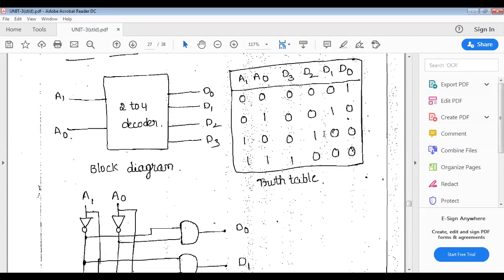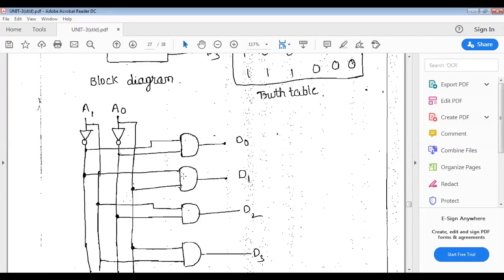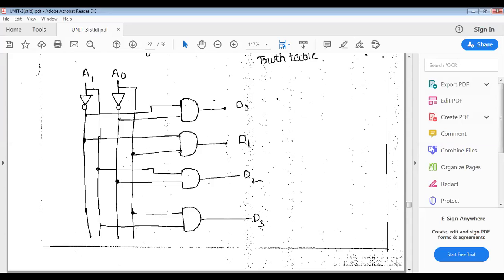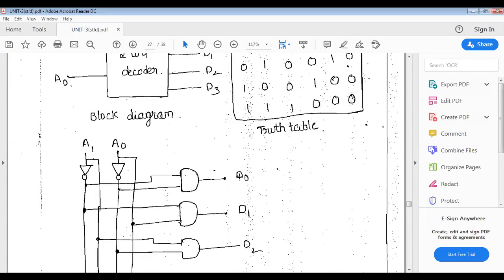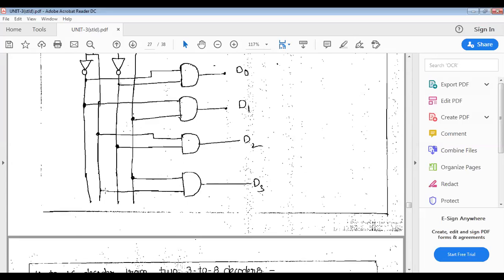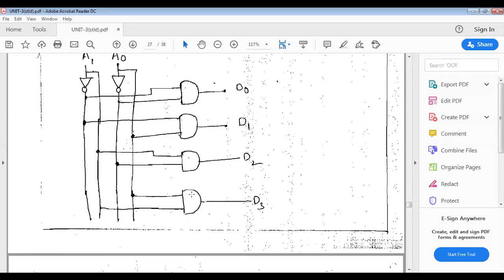D2 is high at the values 1 0, where the 0 is A0 bar, taken from the inverter line, and A1 directly from the line. So that gives D2. And the last one, D3: A0 and A1 are both ones, so take A1 and A0 as the inputs of the last AND gate.